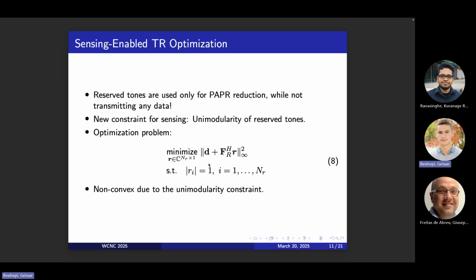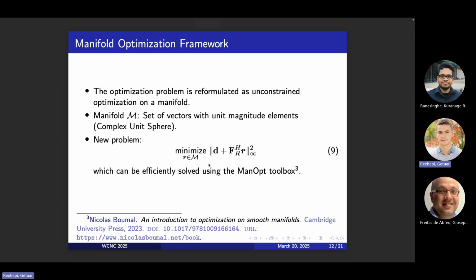However, I mentioned that the previous problem was solved using some interior point method from the convex optimization toolbox. Now this problem becomes non-convex due to this unimodularity constraint, and we cannot apply those methods. Here comes the manifold optimization framework.